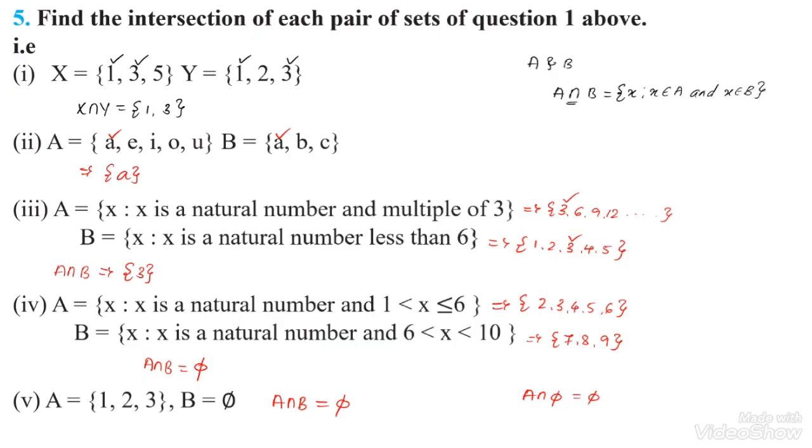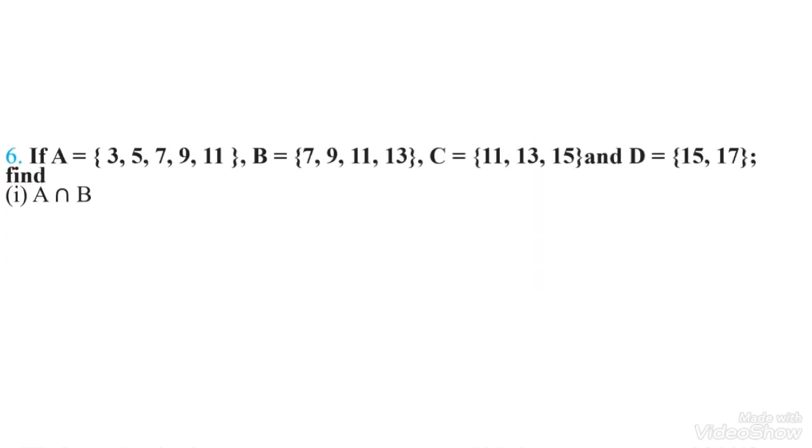Now, don't get confused here, because A intersection null set is null set, but A union null set should be A only. If union, we have to combine the elements of both sets. Intersection means we have to take only common elements. That is the difference between union and intersection.